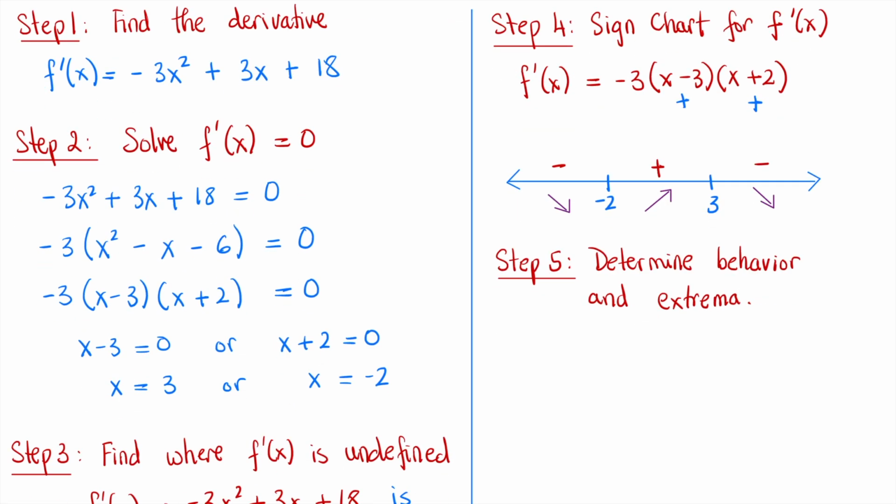Step 5, determine the behavior of the function and find the extrema. Okay, the function is decreasing on the interval from -infinity to -2 and from 3 to infinity. And the function is increasing on the interval from -2 to 3.